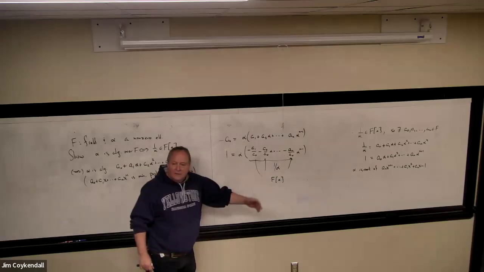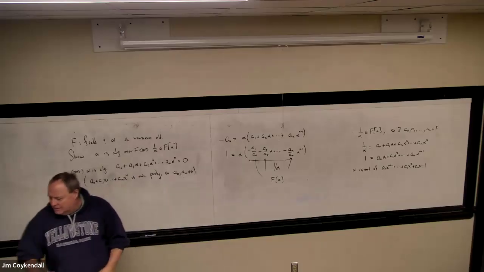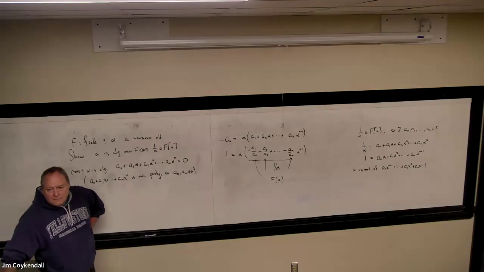So 1 over alpha is, I should have made a big deal out of that. It's 1 over alpha because alpha times it is equal to 1. When you multiply by alpha, you get 1, so it's no choice, because the multiplicative inverse of an element, if it exists in a domain or in a field, is unique.